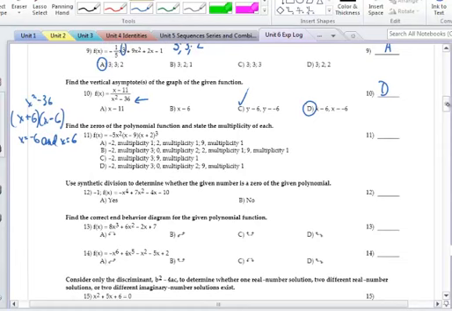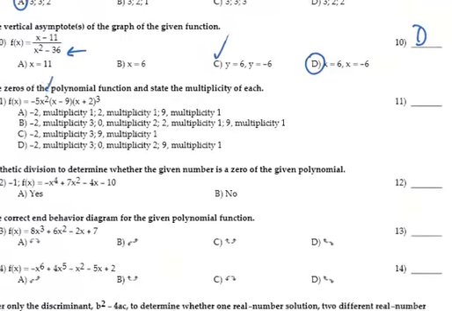Moving along, it shows a polynomial in factored form, and it's asking a question about multiplicity. The first part, x squared, has a 0 at x equals 0, and the multiplicity is 2. For this one, the 0 is 9, and its multiplicity is equal to 1.